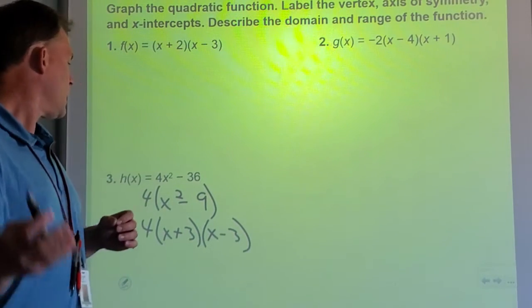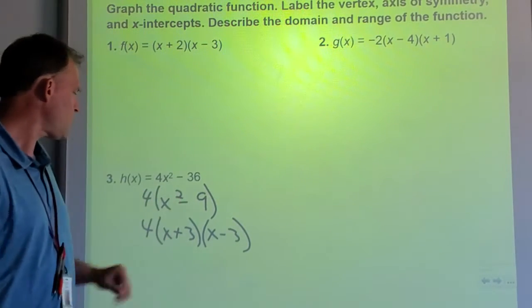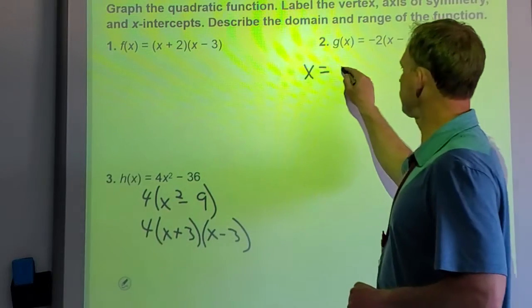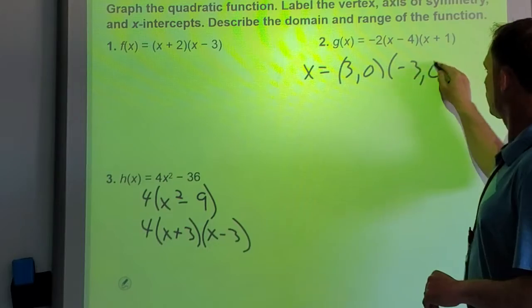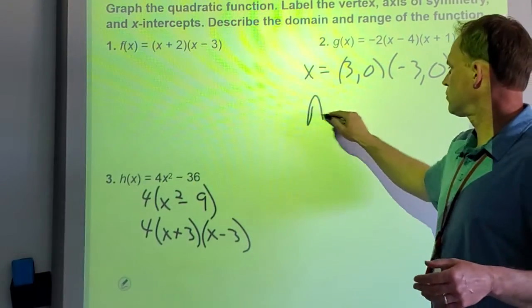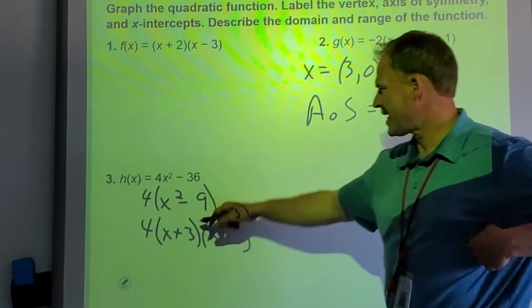Okay. Factoring's going to come up a lot here. You got to remember how to factor. What are my intercepts? Axis of symmetry. Plug it back in.